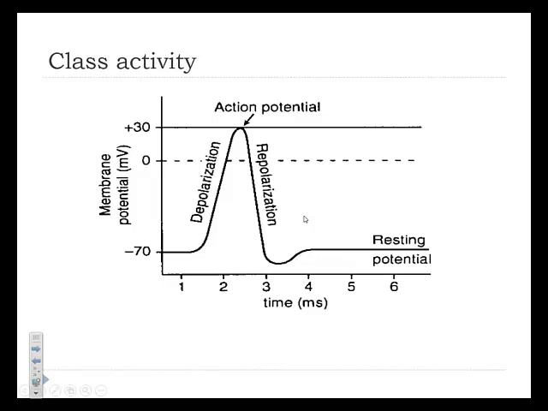As they are triggered to open by this action potential, they let potassium out, because there's a large amount of potassium on the inside of the cell, thanks to our sodium-potassium ATPase. So again, the voltage across the membrane drops until it reaches the resting potential.